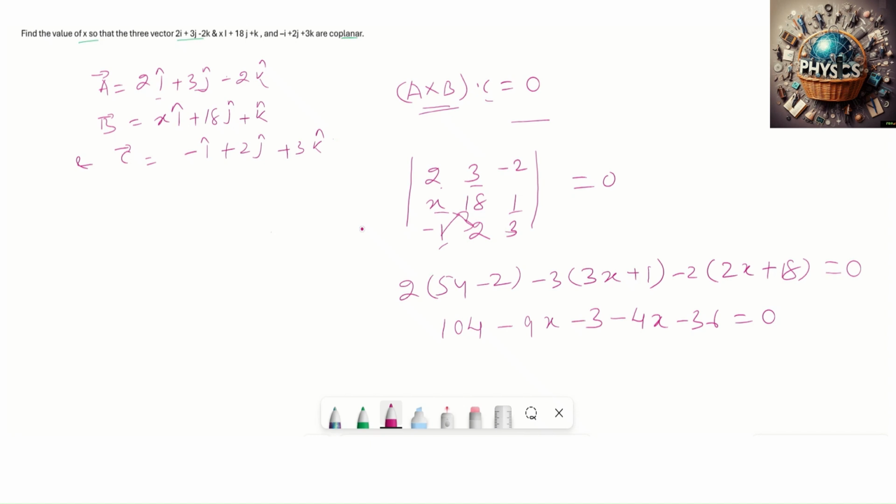And we get 104, 13, and so this gives us 65 minus 13x, right? So 65 equal to 13x, or we get x equal to 5. So this is the condition wherein we get the three vectors to be coplanar.